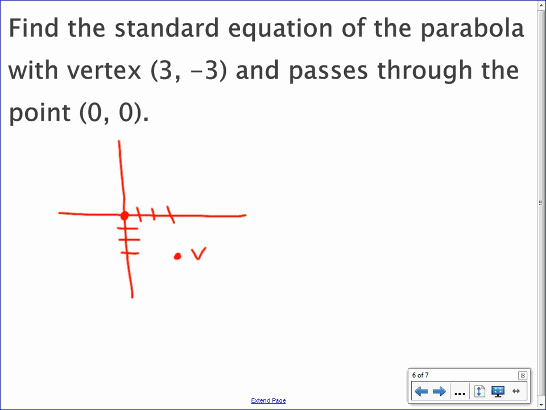That's not necessarily the point I'm giving you. First of all, what don't we know about this? We don't know which way it opens. What ways could it open? It could open left, it could open up. So first of all, I have not given you enough information. So I'm going to add that it opens up.